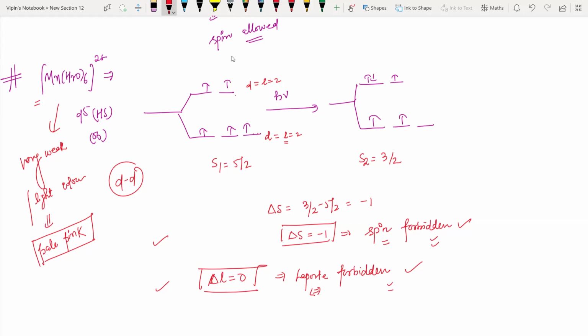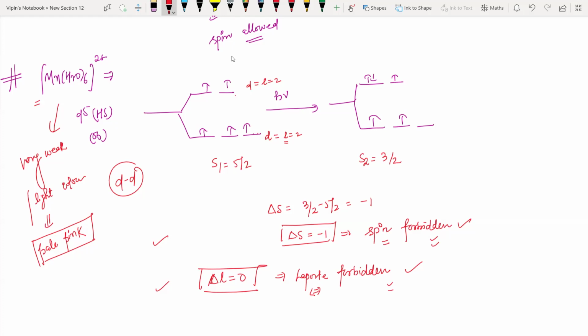Similarly, here, the spin selection rule and Laporte selection rule are valid only under a particular condition. If any complex has a different kind of orientation or different kind of behavior from what has been mentioned for the Laporte selection rule, then there will be relaxation of the Laporte selection rule.